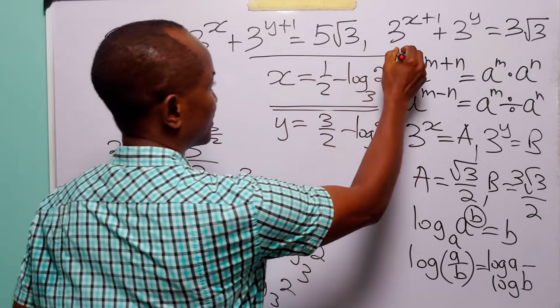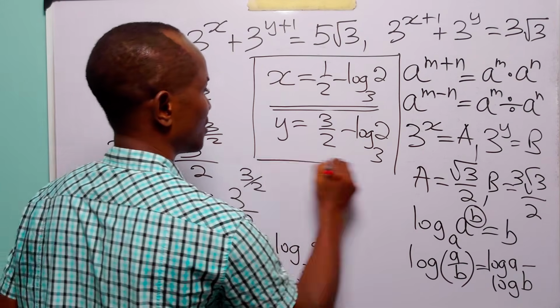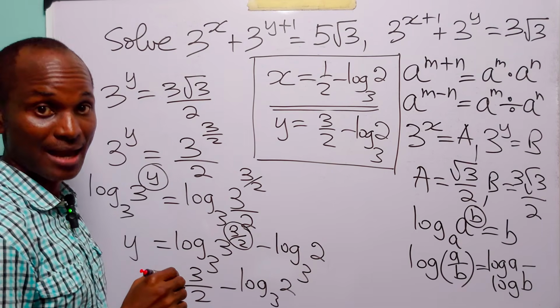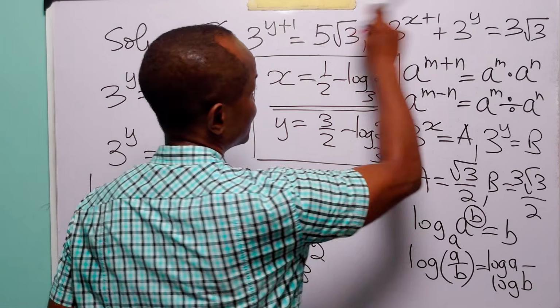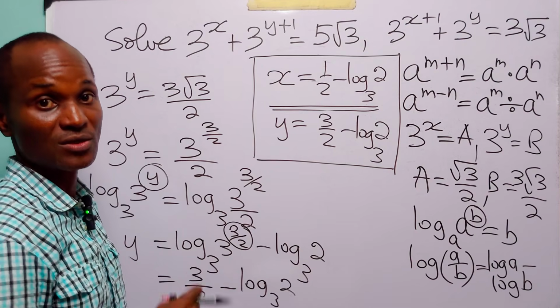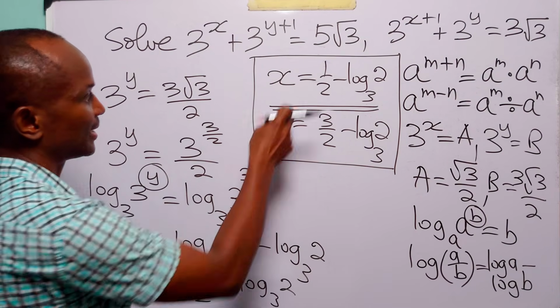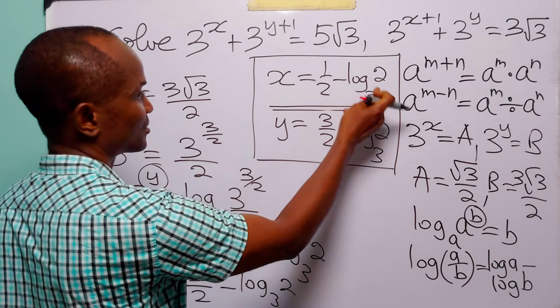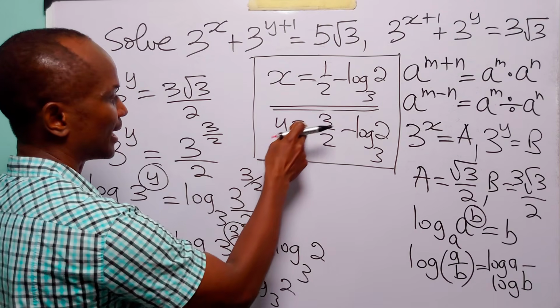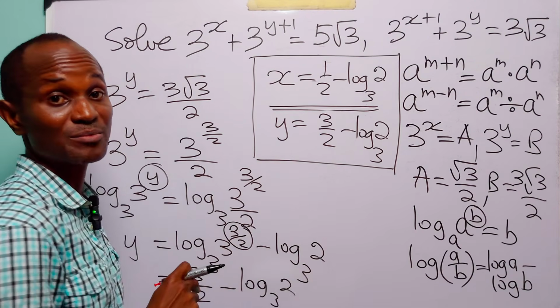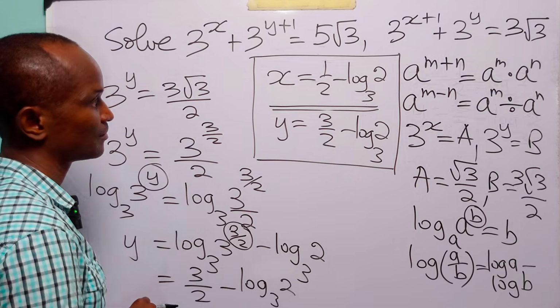So we have found the value of x and y that satisfies these two exponential equations simultaneously. And they are x equal to half minus log to base 3 of 2 and y equal to 3 over 2 minus log to base 3 of 2.